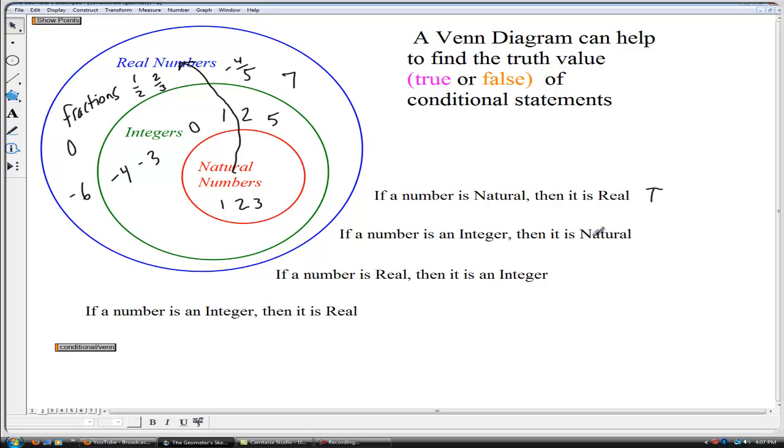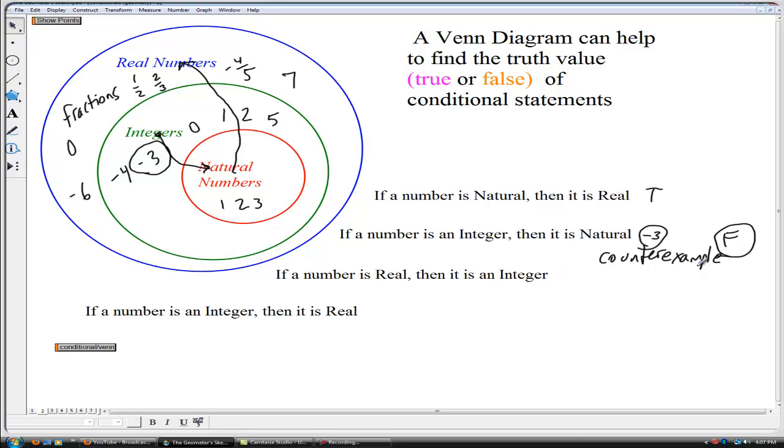If a number is an integer, then it is natural. So in this case, if we're starting at an integer and saying that any integer will be natural, I can immediately find a counterexample. -3 would be my counterexample, which makes this statement false.